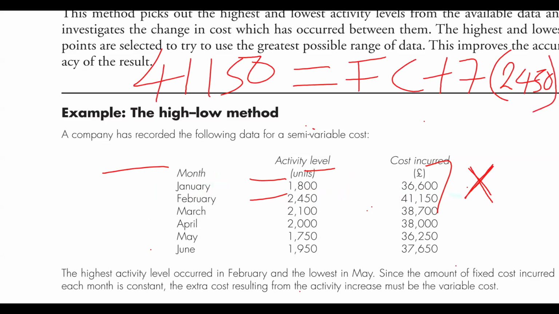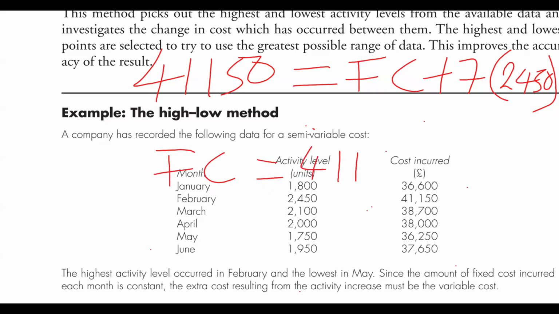Then we can go ahead now and look for the fixed costs. Make the fixed cost the subject of the formula. It shall be 41,150 minus 7 times the 2,450, isn't it? 41,150 minus 7 by 2,450. So the fixed cost is equal to how much?